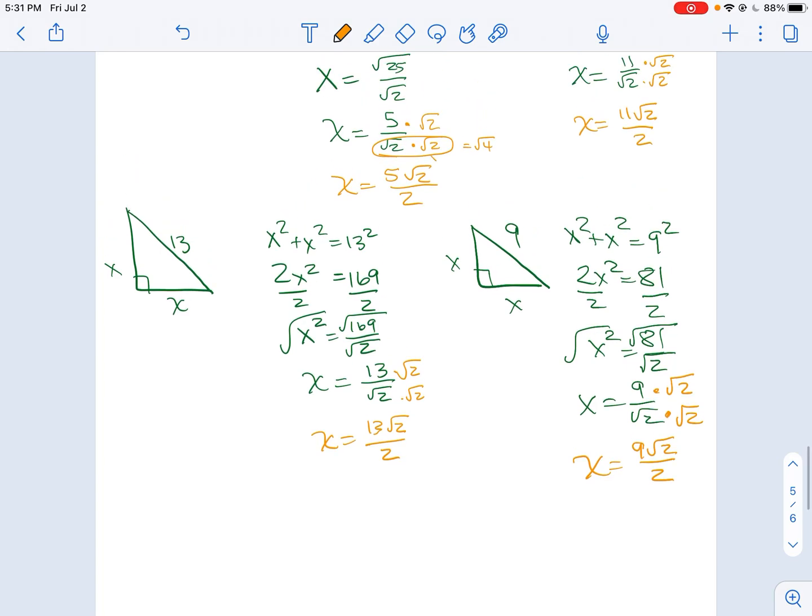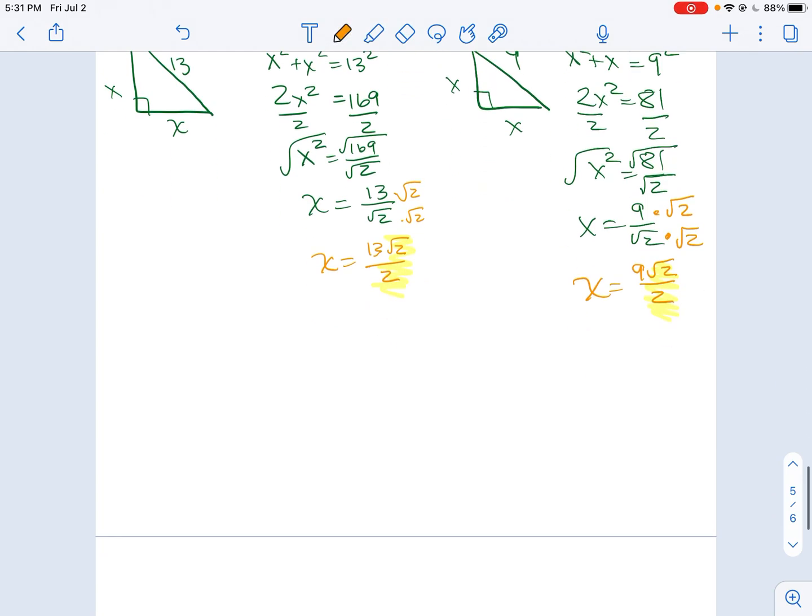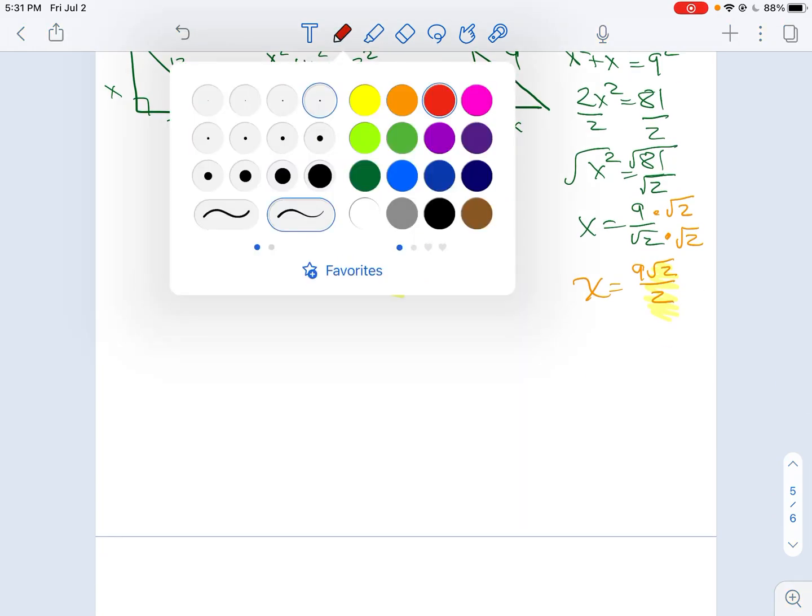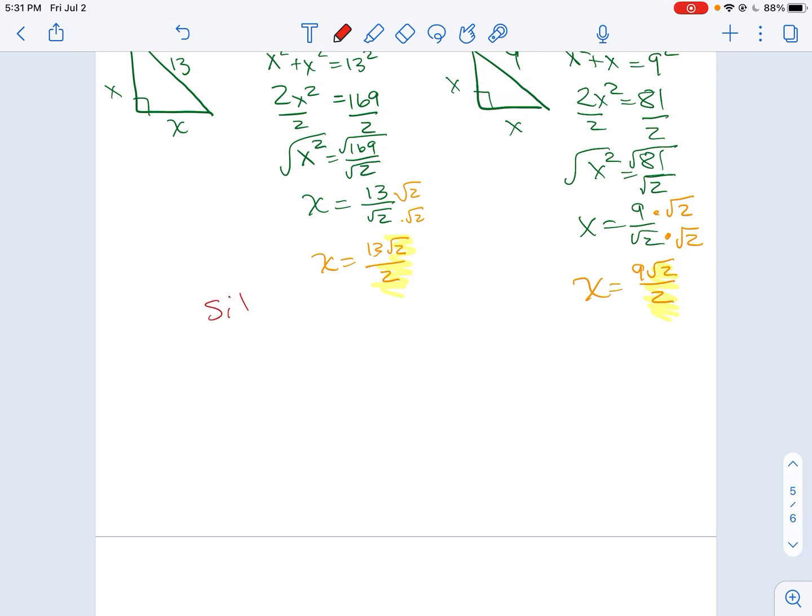Now hopefully you noticed on each one of them, when you've been given the hypotenuse and you're trying to find the leg, all you do is take the side measure. All you're doing is you take the side measure and you multiply it by the square root of 2 over 2.